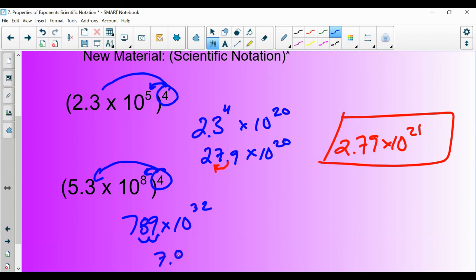So it would be 7.89 times 10. The number was too big. I decreased it, so now I'm going to increase the exponent by 2 because I moved the decimal place over twice. So my number was too big, so I increased the exponent by 2 to make it 7.89 times 10 to the 34th.